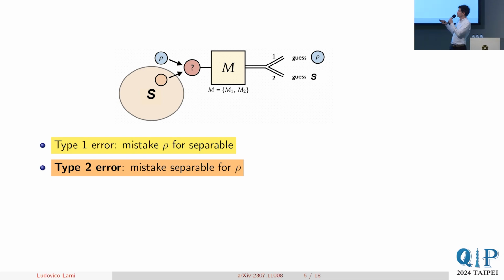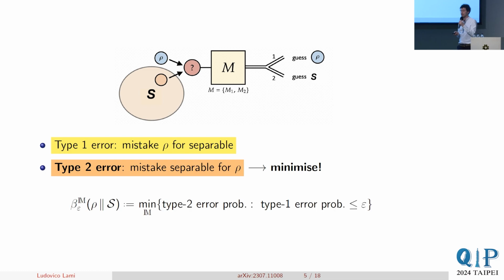Maybe you bought a device that is promised to produce an entangled state, and if you make this error, you have been falling for a quantum scam and are given a separable state, which might compromise the security of whatever cryptographic protocol you're running. That's the error we want to minimize in many interesting cases.